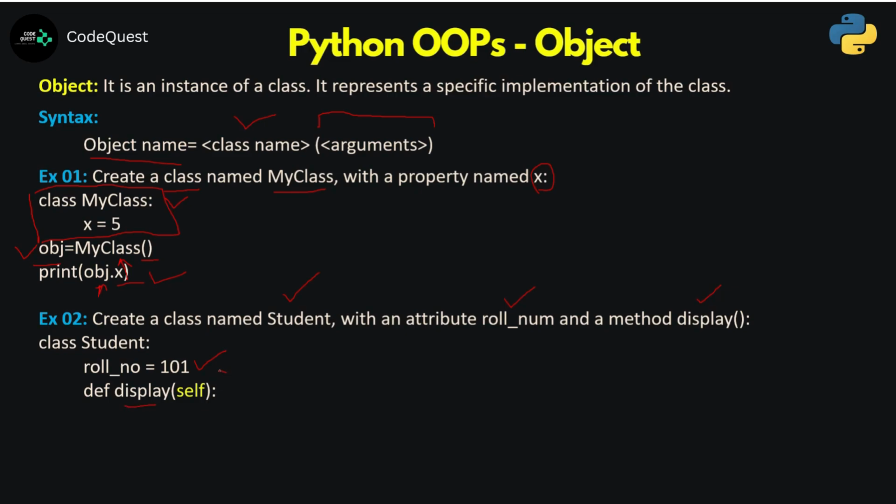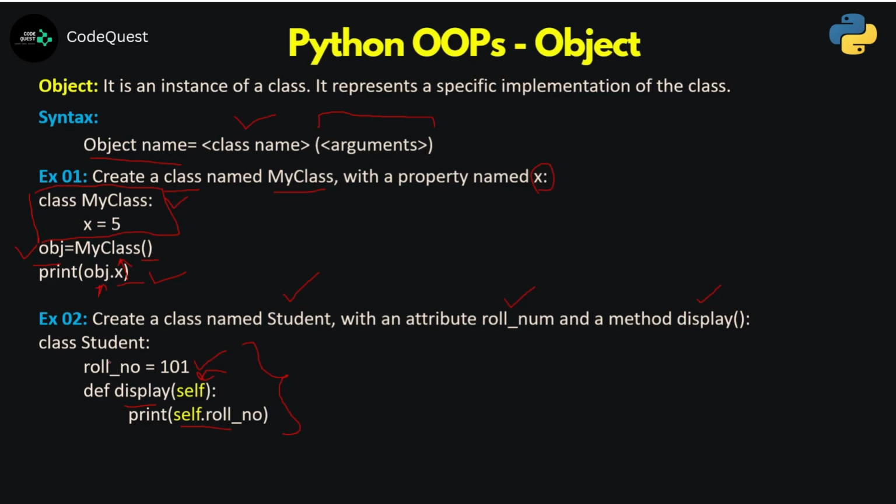As I said, the minimum parameter for any method is 1, that is nothing but self. Inside this we access the roll_no with the help of self. This is only the defining of the class, and if you run the program you will not get any output for this.